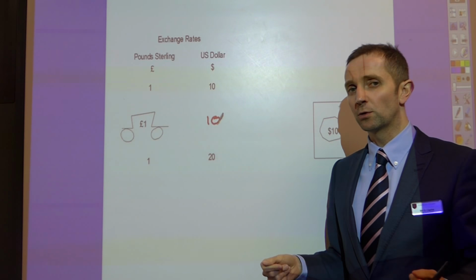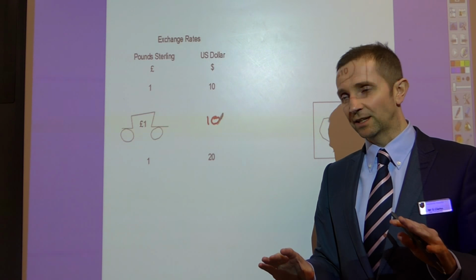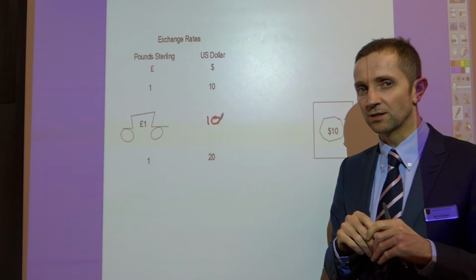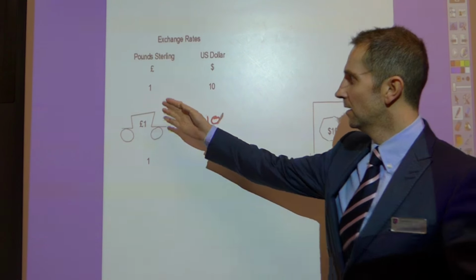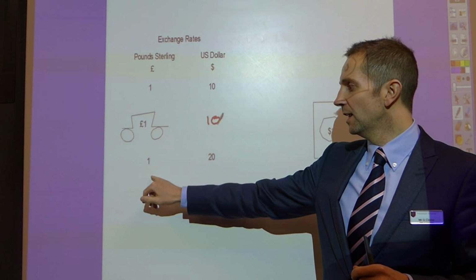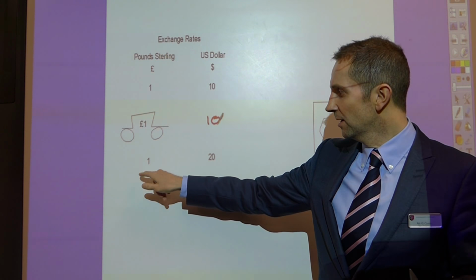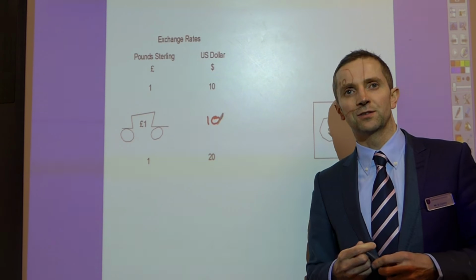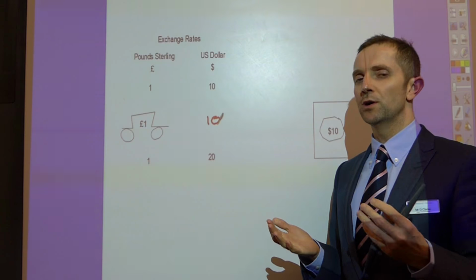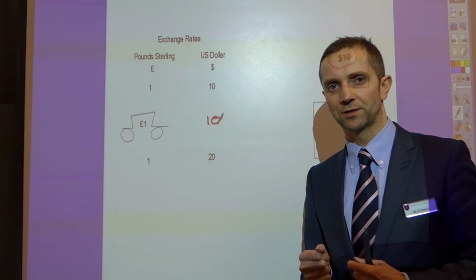Okay. Now, of course, the exchange rate is not static and it's constantly changing against the USD. So what might happen? Well, let's look at this. £1 to $10. Let's say that a day later, it's now £1 buys 20 US dollars. So £1 buys more US dollars.